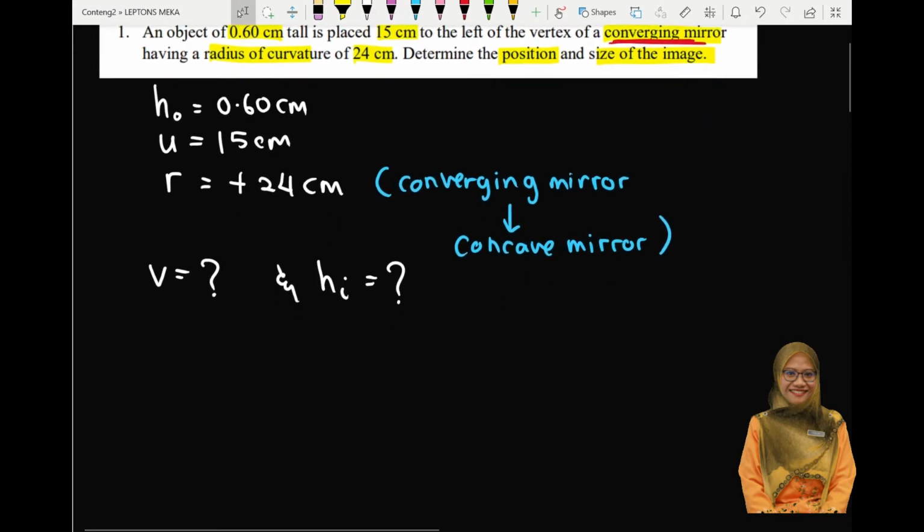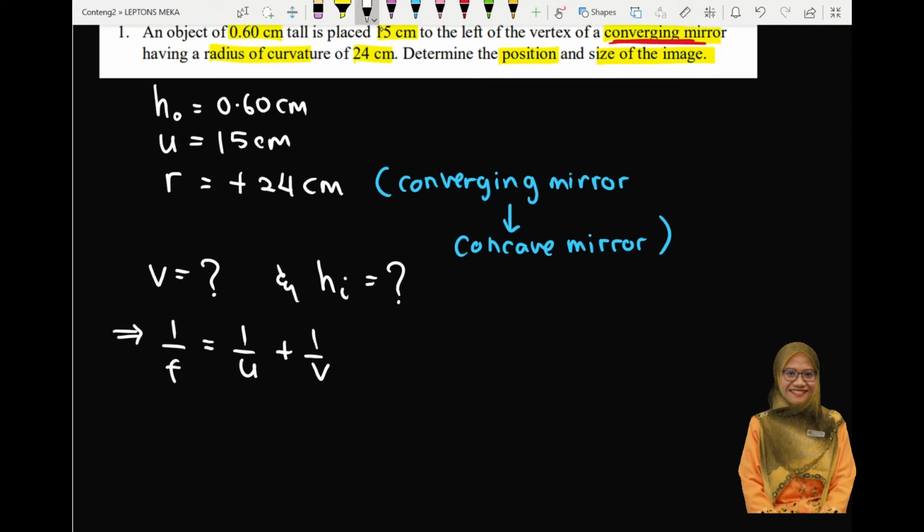It's simple because you already have the object distance and radius of curvature, and we want to find the image distance. So we just use the mirror equation, which is 1 over f equals 1 over u plus 1 over v.